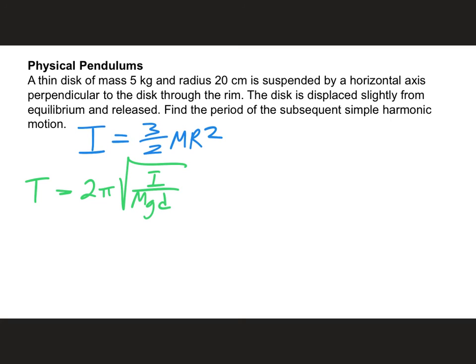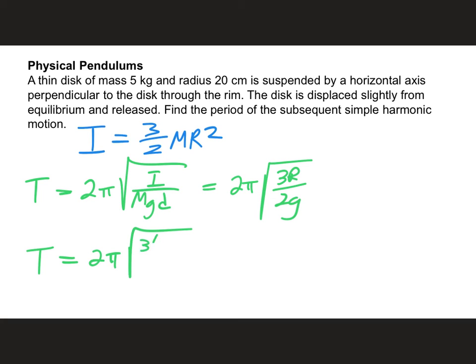And if we plug and chug all of this down, put the I that we have into there, we're going to get 2 pi square root of 3r over 2g. And so our period in this case, so 3 times the 0.2 meters or 20 centimeters that was given, over 2 times the 9.8, we have a period of 1.1 seconds. Right?